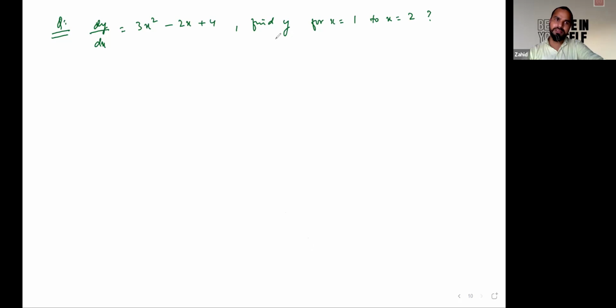Before putting the limit, first tell me the integral part of each term. The integration of this particular part is... Salman, have you solved?